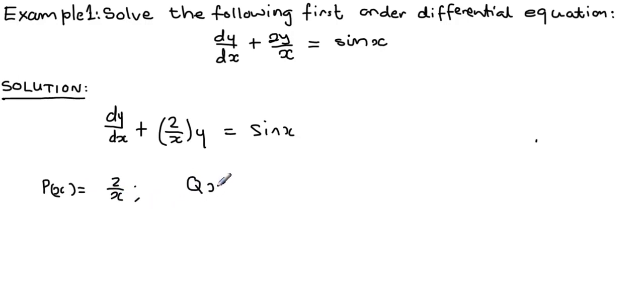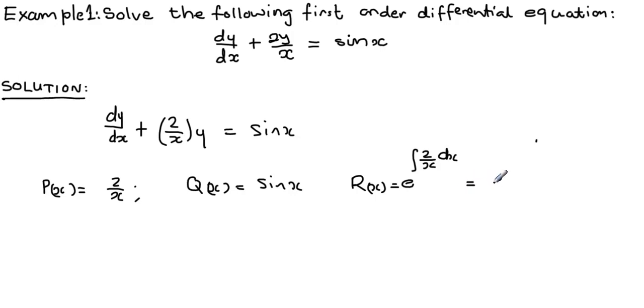And q, also a function of x, is given by the right hand side here, which is sine of x. Then our integration factor r of x is going to come as e to the power integral of p of x, which is 2 over x dx.